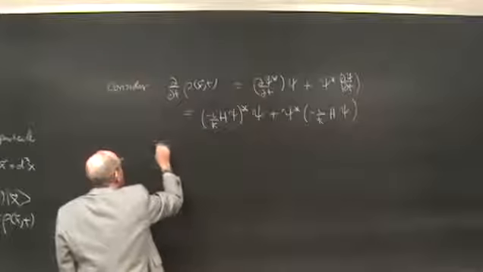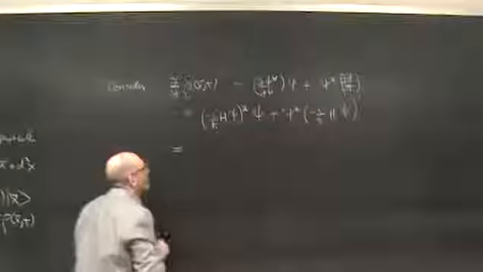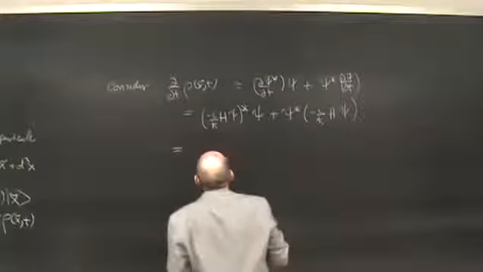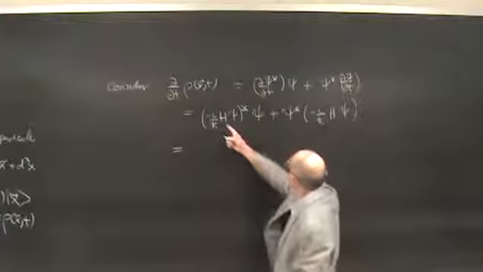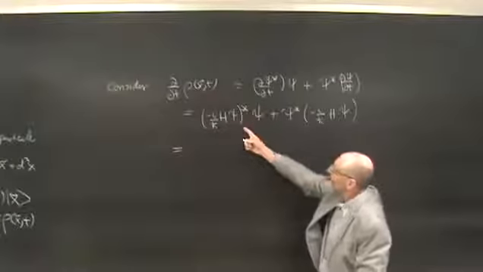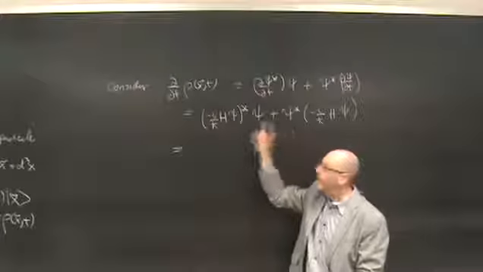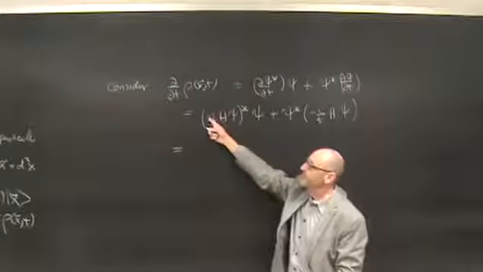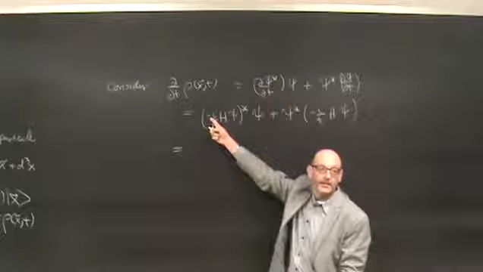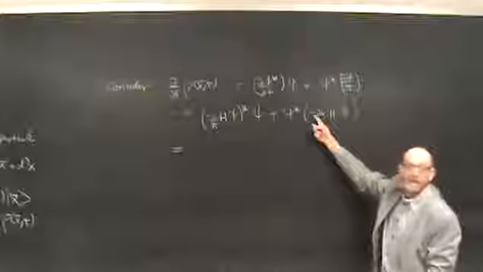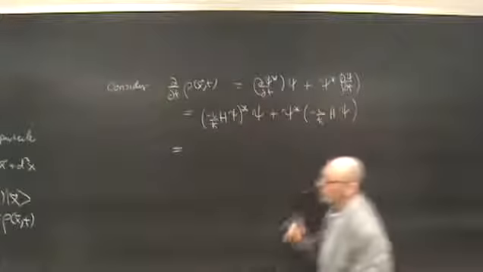Now, this will be equal to what? Well, the term that has to do with the potential will cancel, right? Because the star of this gives me a plus i, and here I got a minus i, and the potential term will cancel out.